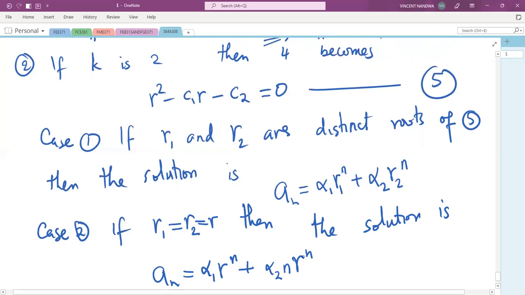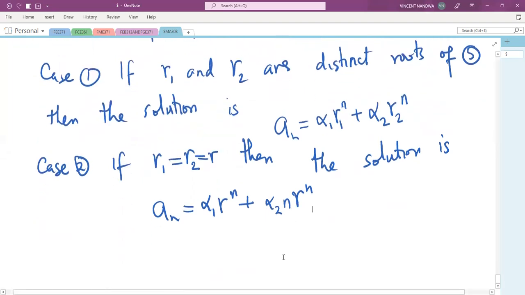So that's what we have in the case of a repeated root.